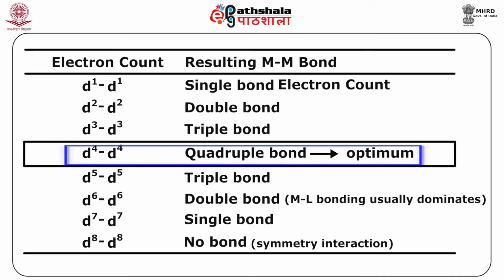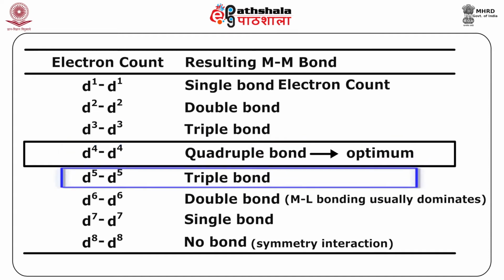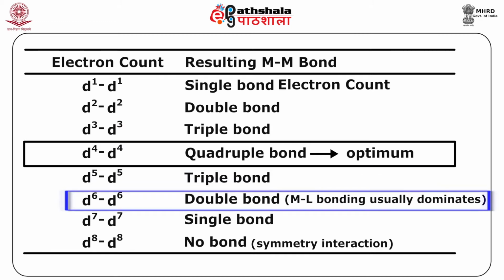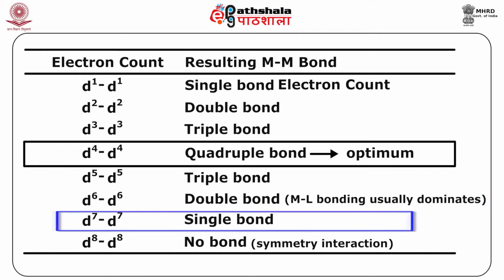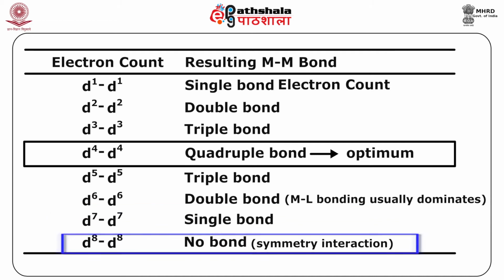For d4-d4, it is a quadruple bond, which is the optimum situation. The d5-d5 electron count will involve a triple bond. d6-d6 will involve a double bond, and d7-d7 will involve a single bond, and there is absolutely no bond formation for d8-d8.